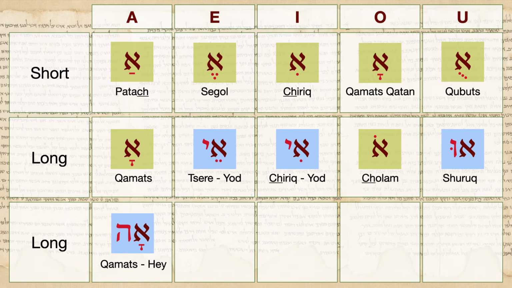Tsere yod. And the next one is similar to tsere yod. We can take segol, and segol yod is also long, which is a. That's the long syllable. Next is cholam vav. Look at the cholam. Cholam has just a dot on the top left corner.